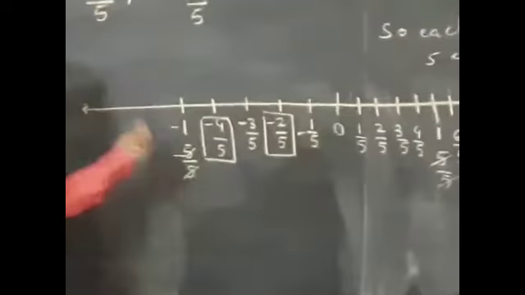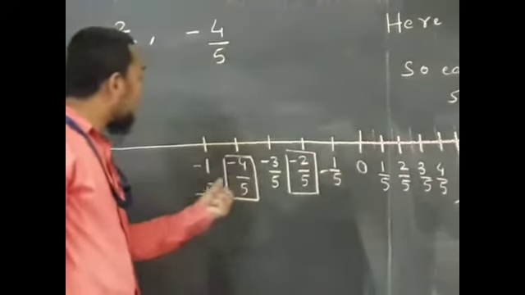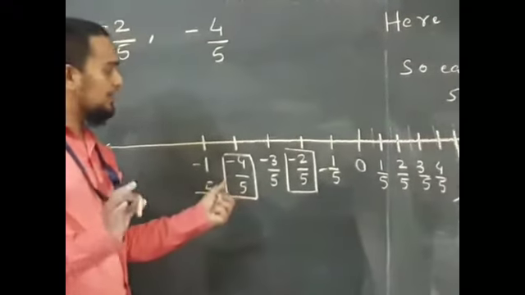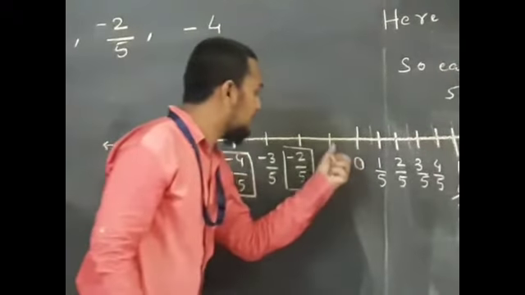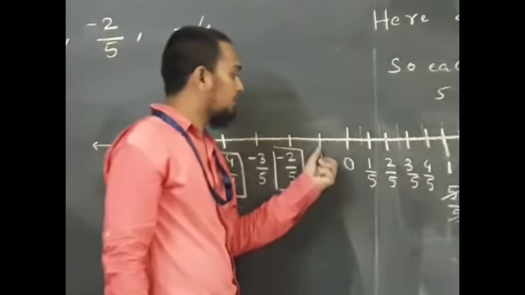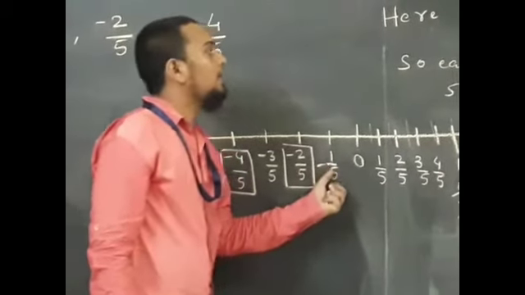Next, the left hand side. Between 0 and 1 there are 5 units. 0 as it is, 1 unit means minus 1. Here the negative value is minus 1 upon 5, where the denominator is 5.